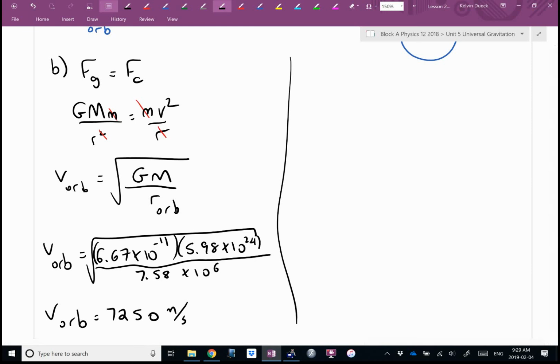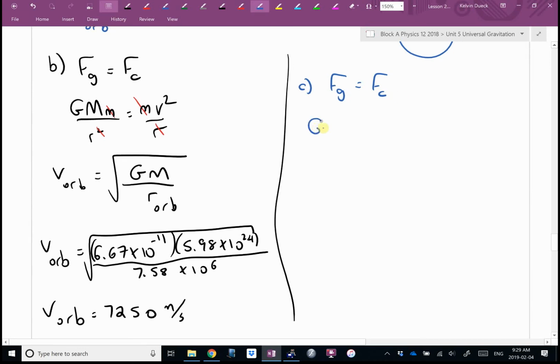What's C want me to find? Orbital period. Gravity is what's pulling me in a circle. Big G, big M, little m over r squared equals m 4 pi squared r over t squared.